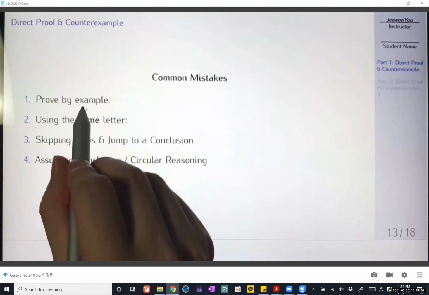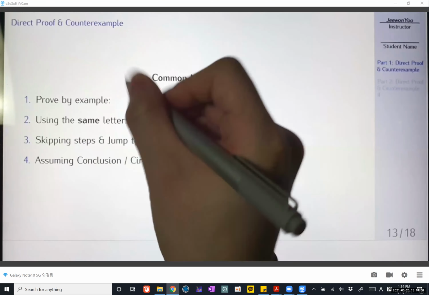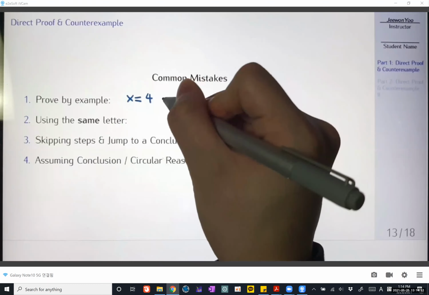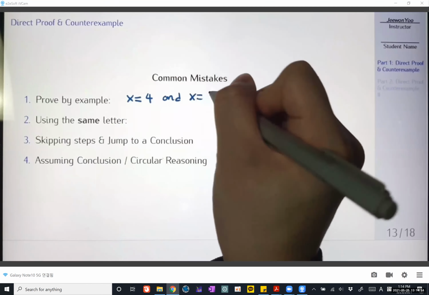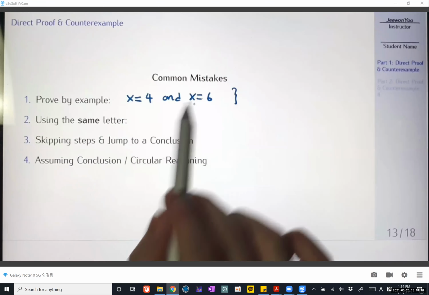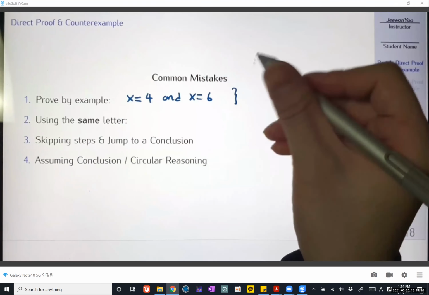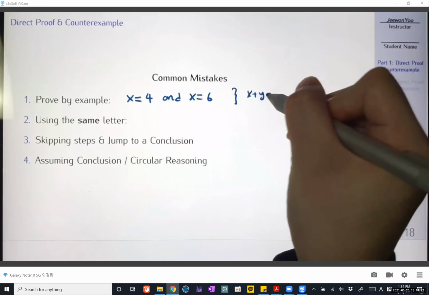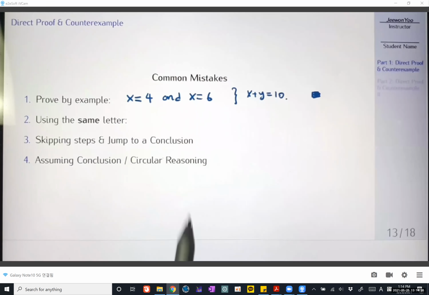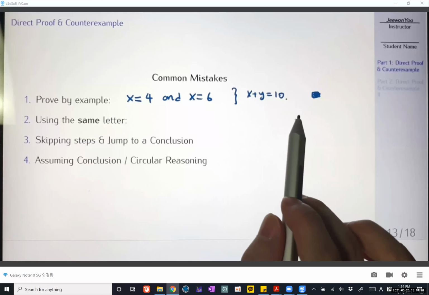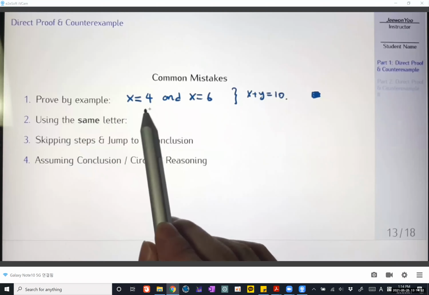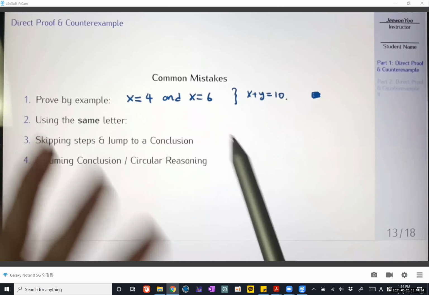So the common mistake is, say they try this way, x equal to 4, and y equal to 6, and their sum x plus y is equal to 10. I've done the proof. Do you think this is a correct proof or incorrect? Of course, it's incorrect because I just said it's a common mistake. But remember, proof by example doesn't exist.